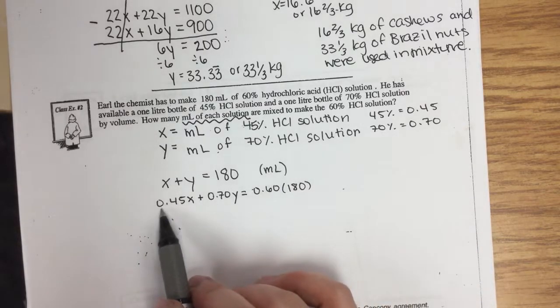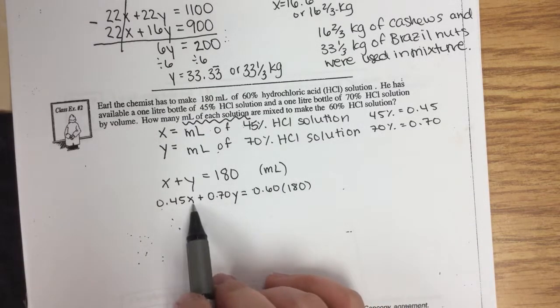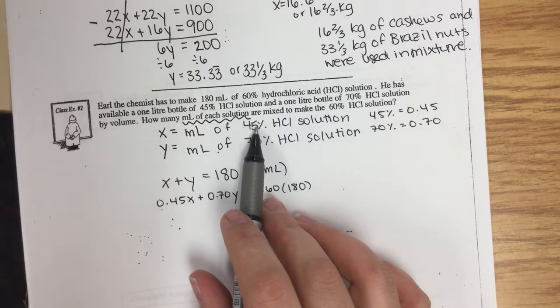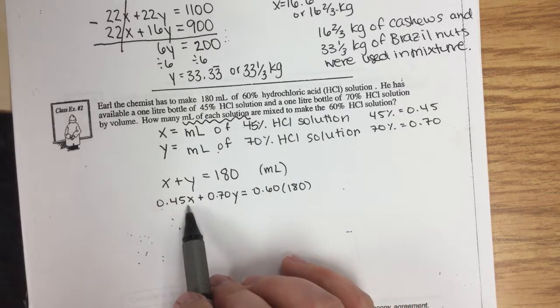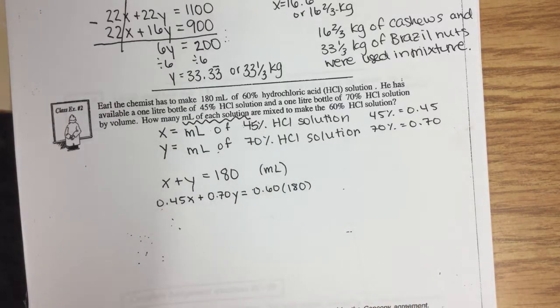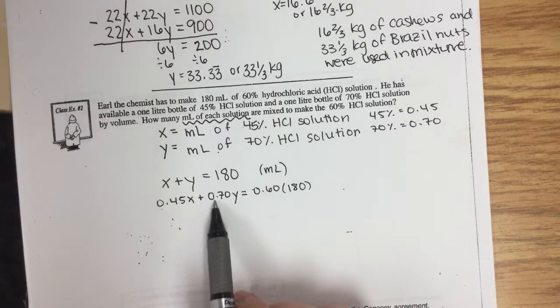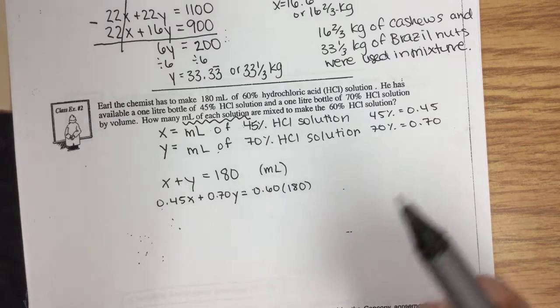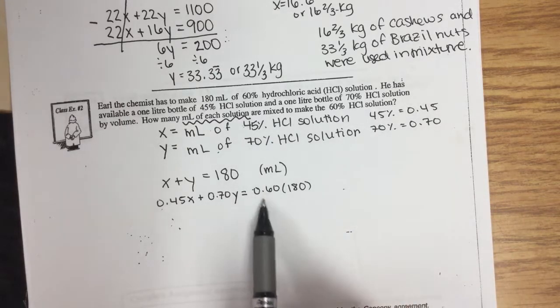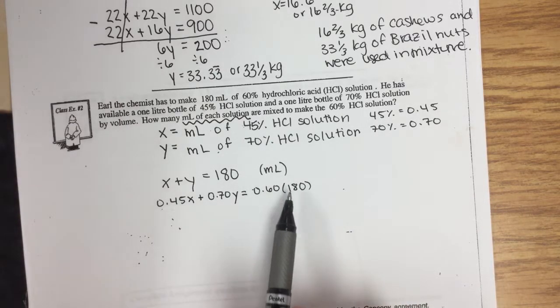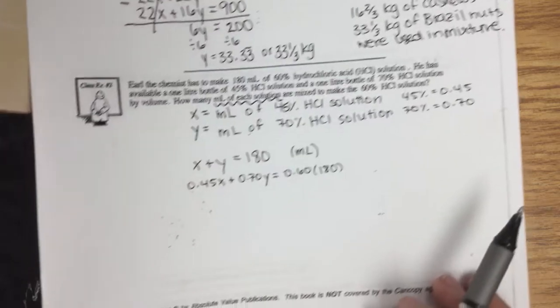So this concentration times how many milliliters of the acid solution, this is really finding how many milliliters of pure, almost HCl, if you want to think of that, you would have, plus 0.7 times y, what percentage of that pure HCl, and then 60% of this solution should be pure HCl.